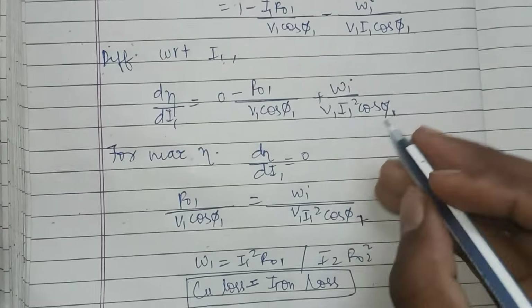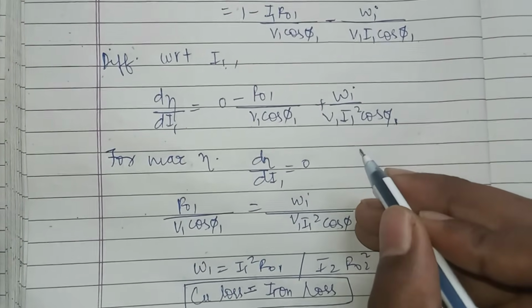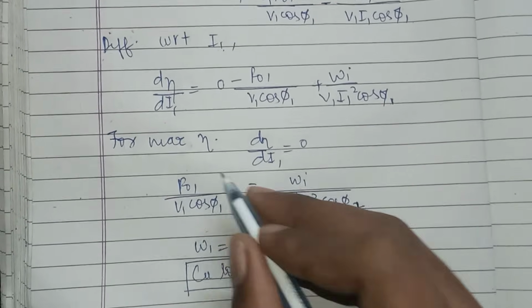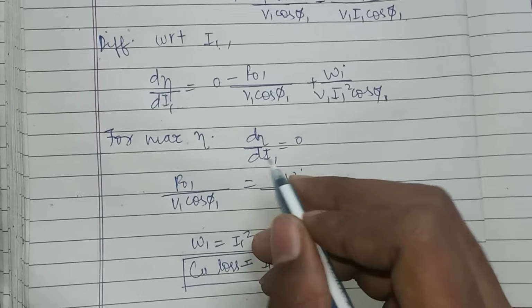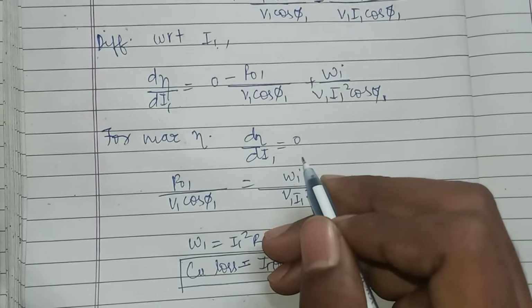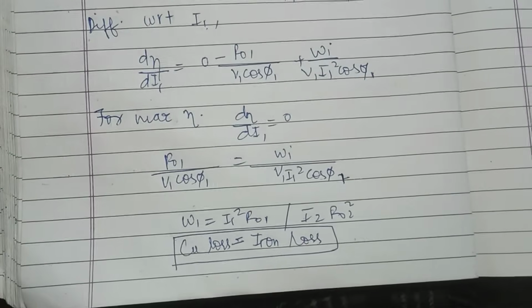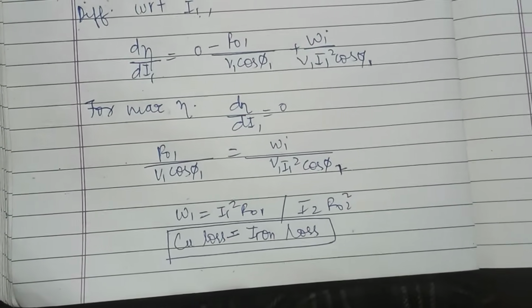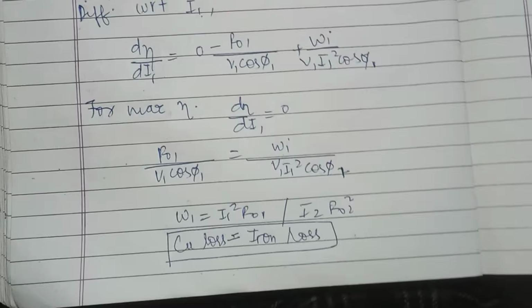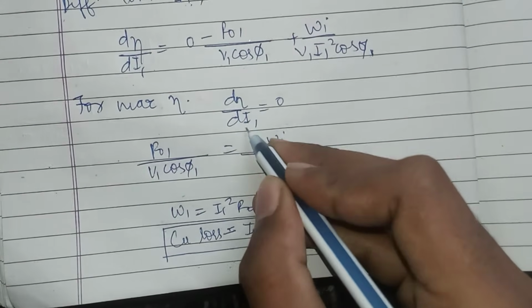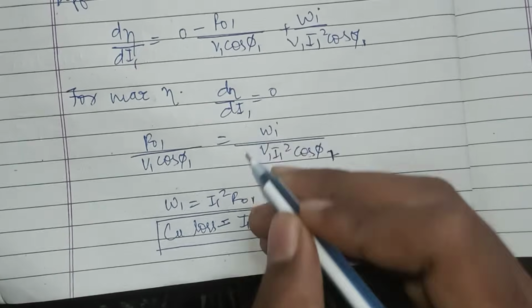Now how can we find the maximum efficiency? For anything maximum, if we differentiate, the slope will be 0, as we have studied in the graph. So the slope here should be 0, meaning differentiation of efficiency with respect to I1 should be 0.